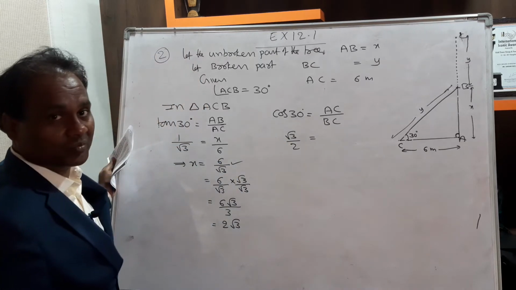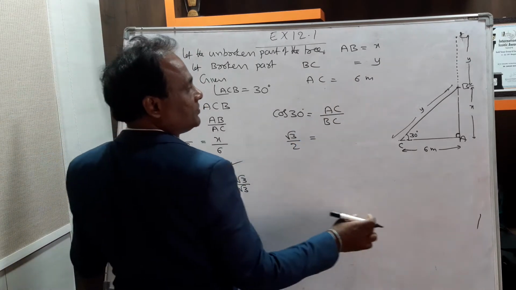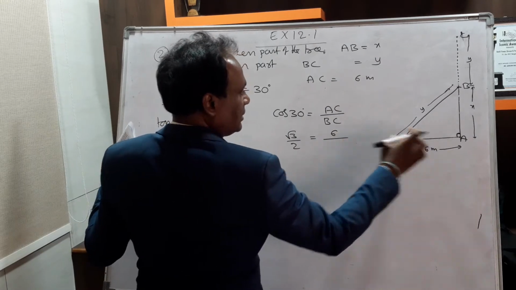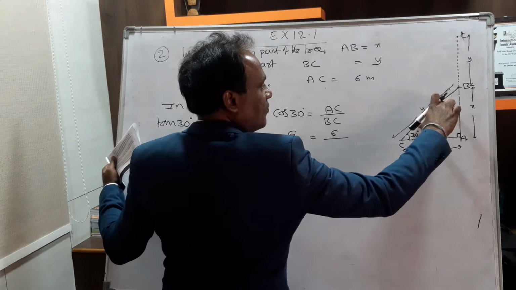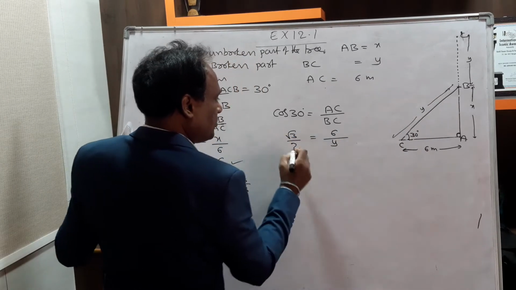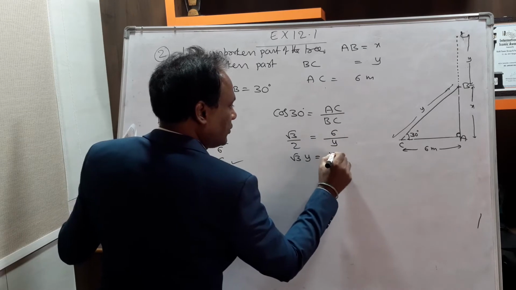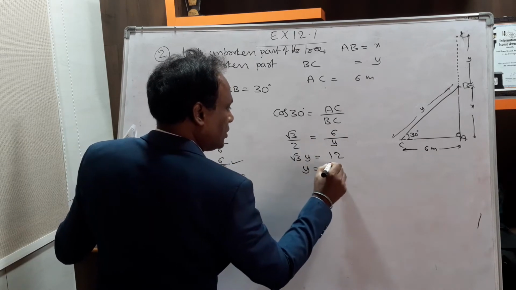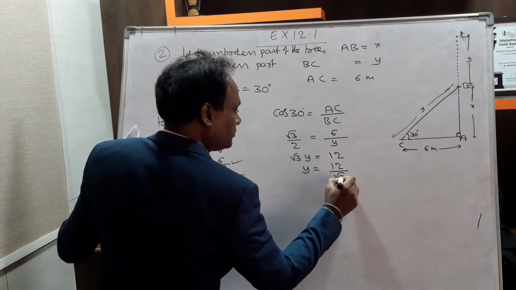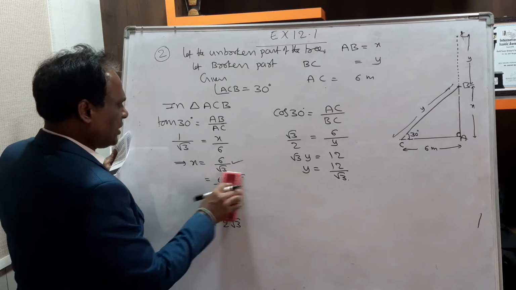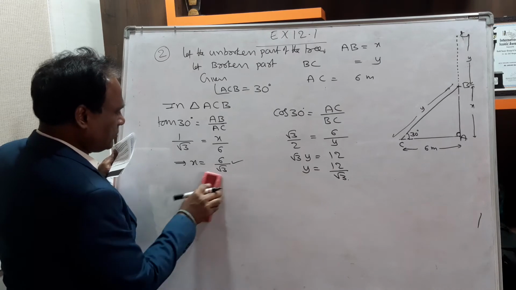AC is 6, BC is y. Cross multiplication: root 3 into y is equal to 2 into 6, 12. y is equal to 12 by root 3. Not necessary to simplify, directly we can take it like that only.